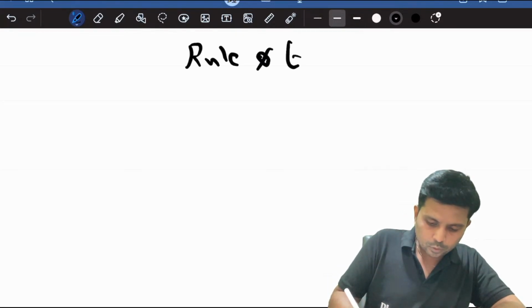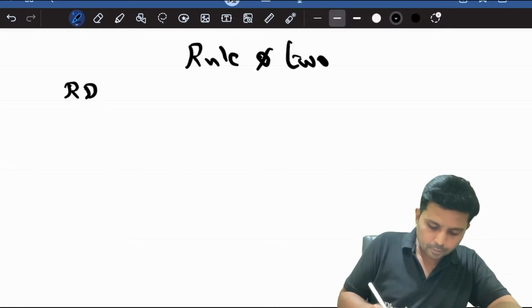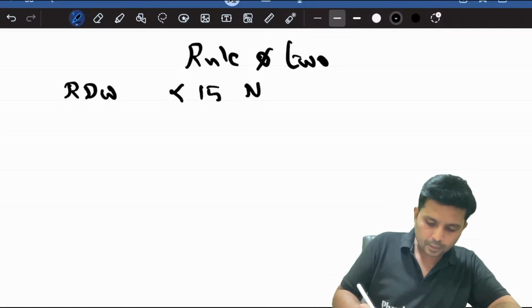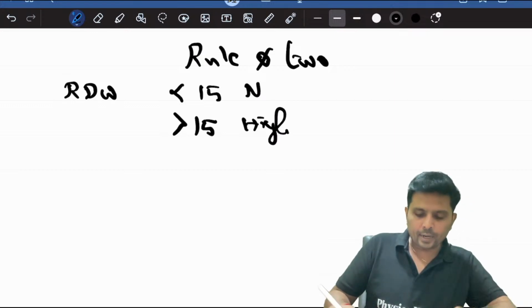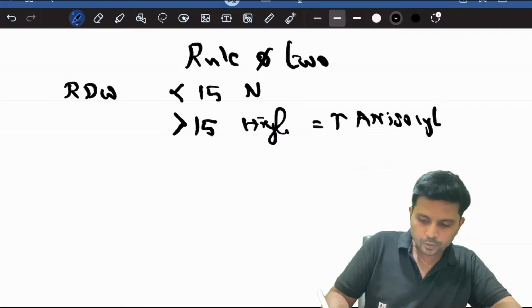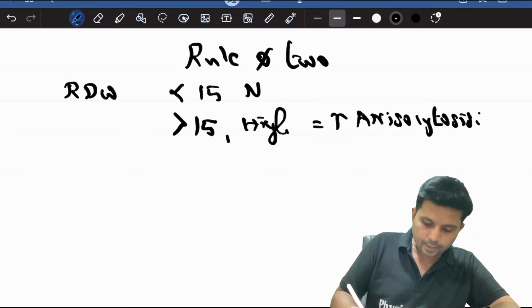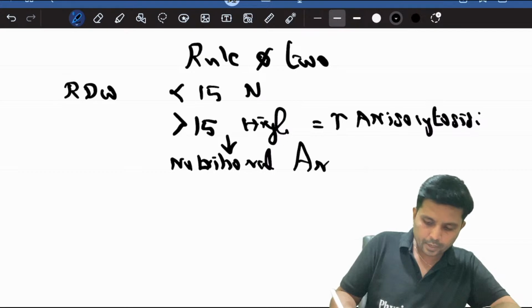Rule 2. What is rule 2? Rule 2 is look at RDW. Less than 15 is normal, more than 15 is high RDW. High RDW is equal to increased anisocytosis. Always high RDW means it is nutritional anemia.